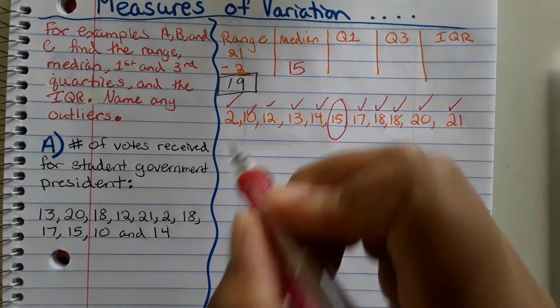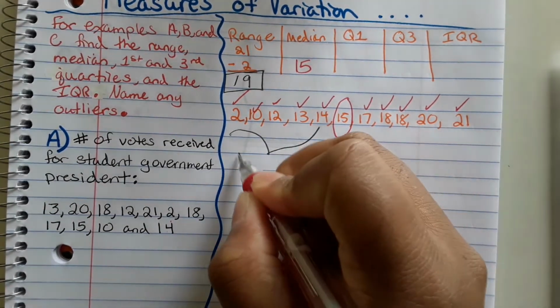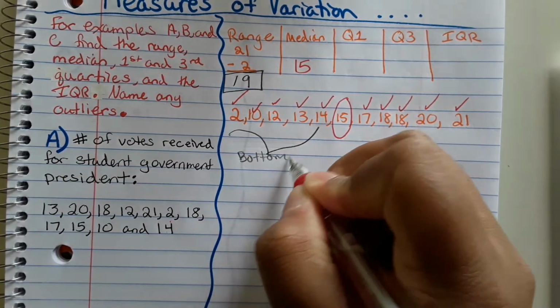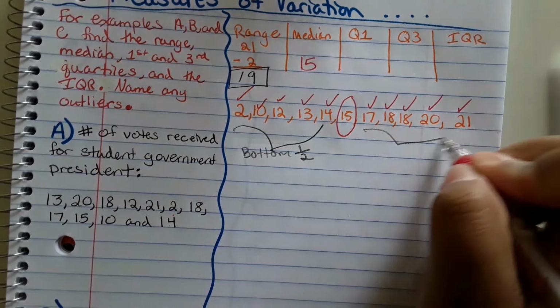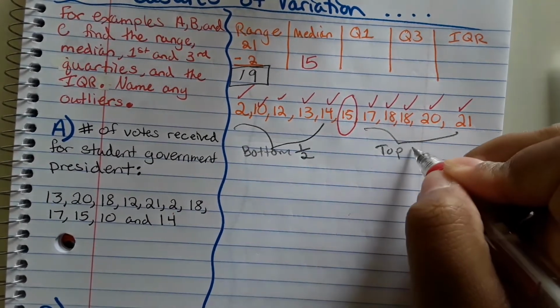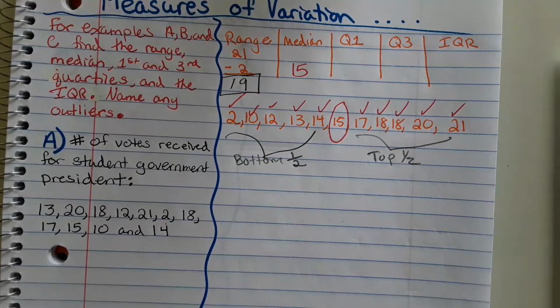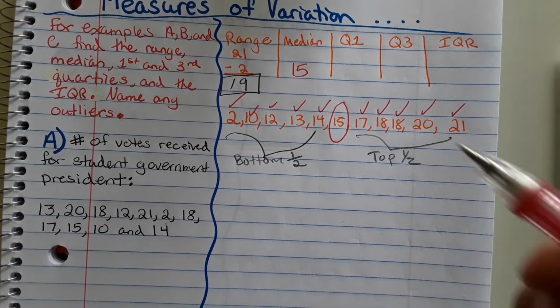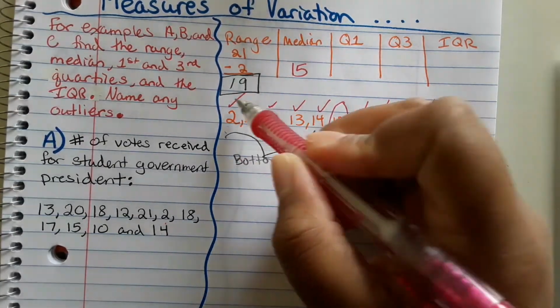This 15 has broken up our information, so cut it in half. Here's the bottom half of our numbers, and here would be the top half of our numbers. And then to find quartile 1, we do the same thing. We want to find what's the middle number. So let's start. Here's my bottom half.